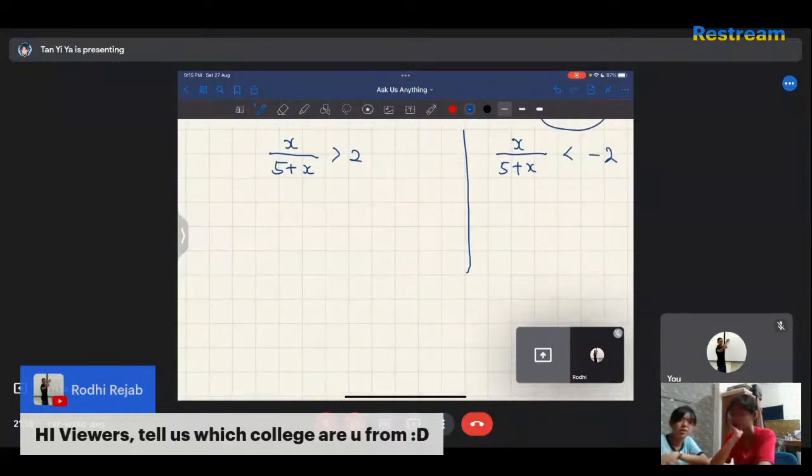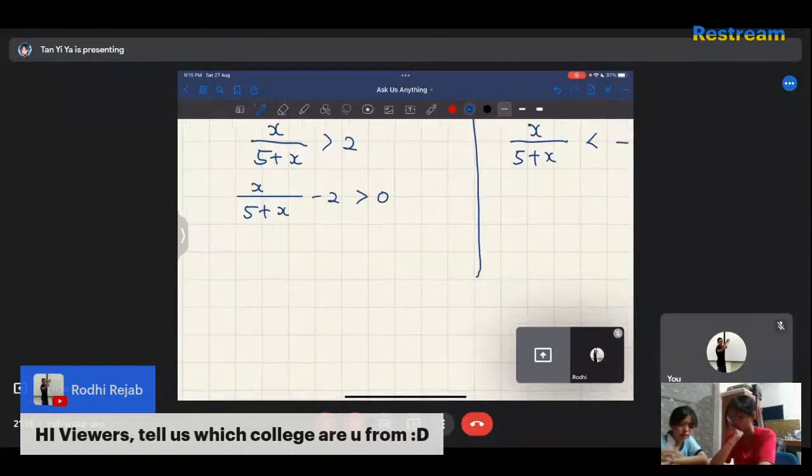So we will be solving each part of this first, then we combine the answers. Let us do this. This is a common question of inequalities. We shift this value. We want the right hand side to be 0, so we shift 2 to the left hand side. Then we make it the same denominator, which means the denominator will be 5 plus x, and then negative 2 times 5 plus x.